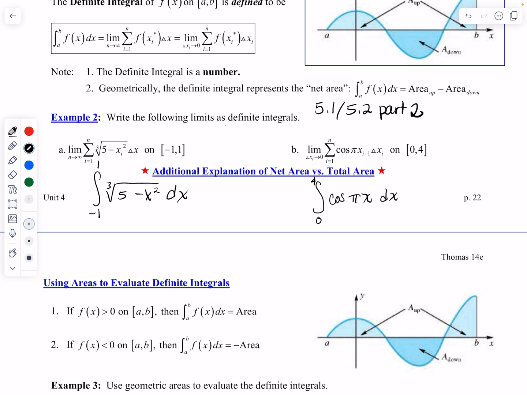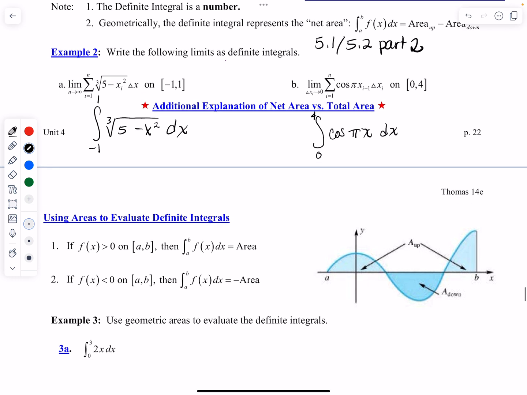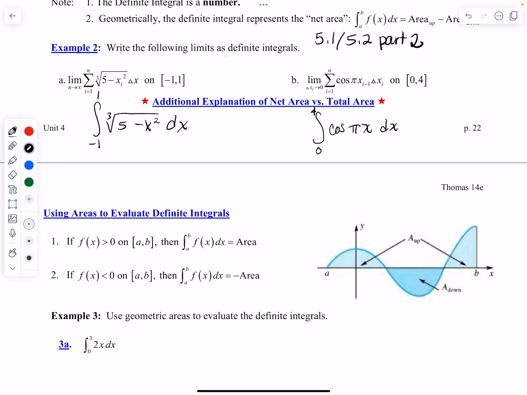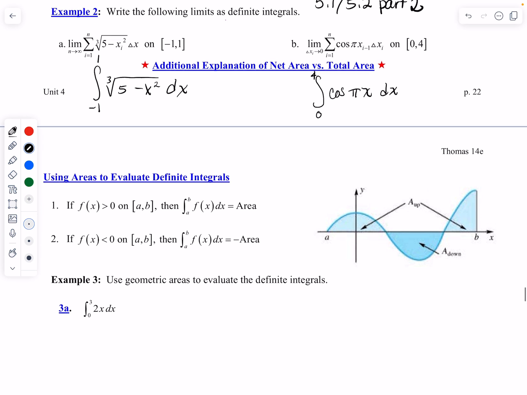Now that we have the ability to use the integral, we don't have to make rectangular regions under the curve anymore. This is going to be a game changer and it's going to be so much easier as long as you know integration. So make sure you know all those rules that are on the first page of this unit.